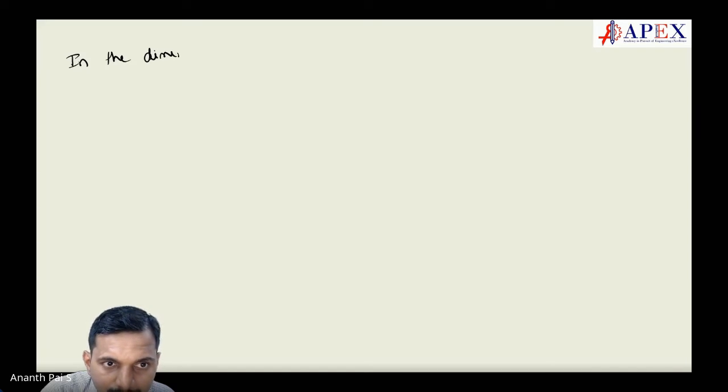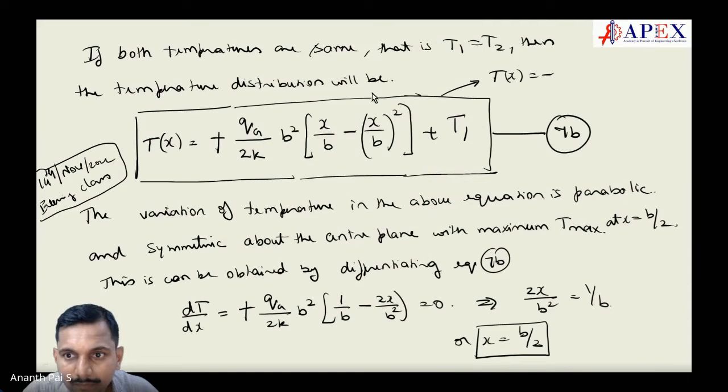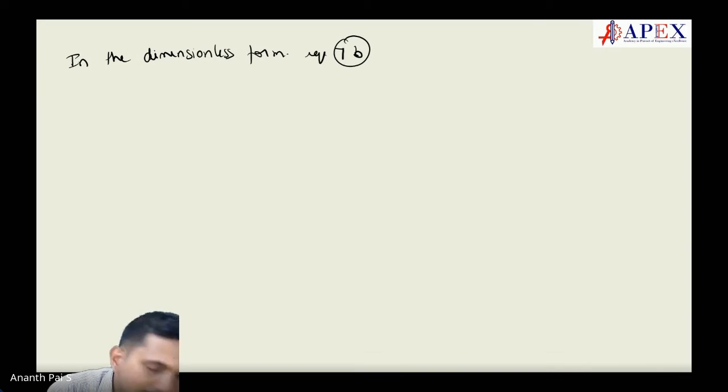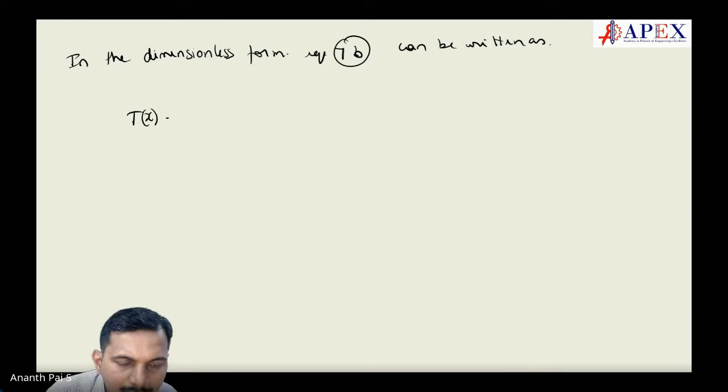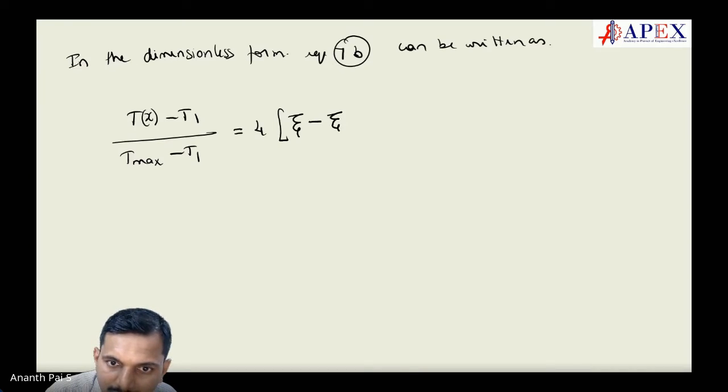equation 7b can be written as T of x minus T1 divided by T max minus T2 is equal to 4 times zeta minus zeta square.